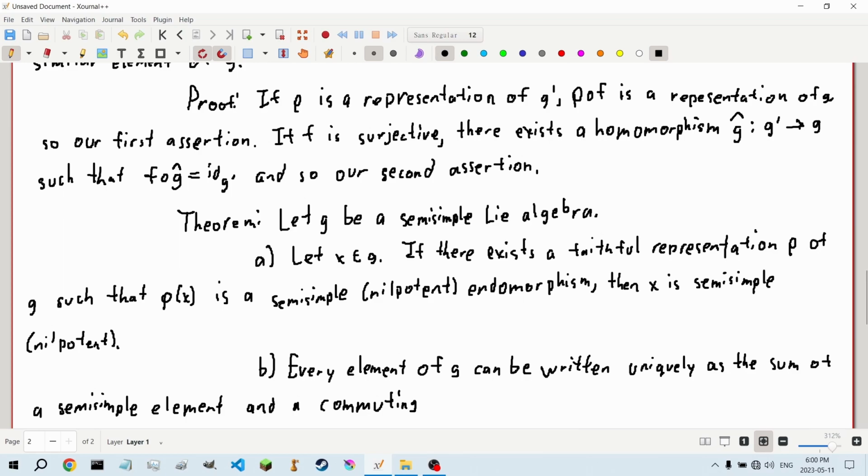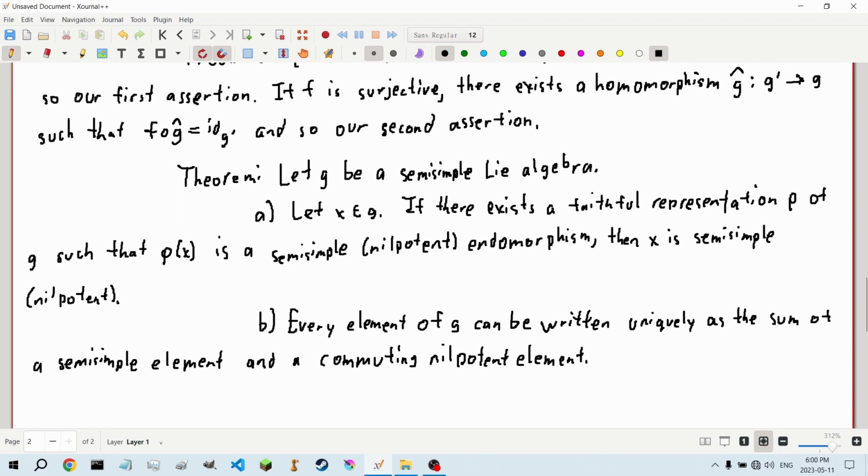And by that I mean that we can write it as a sum of a semisimple element and a nilpotent element, and those two elements commute with each other, and that sum is unique.